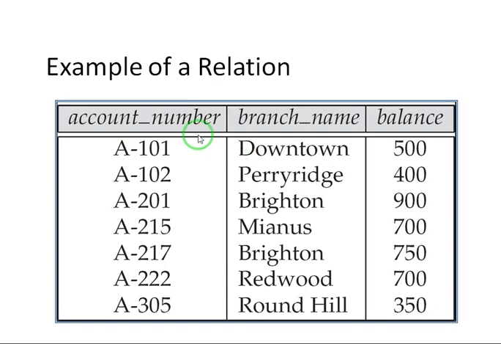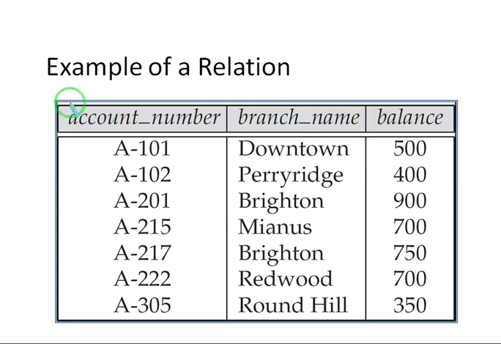Let's see an example for the relational data model. See here, these are the attributes: account number, branch name, and balance. A table is known as a relation in a relational data model. Why? Because it is a Cartesian product of all attributes in that table. Dear students, this is one attribute, second attribute, third attribute, right?